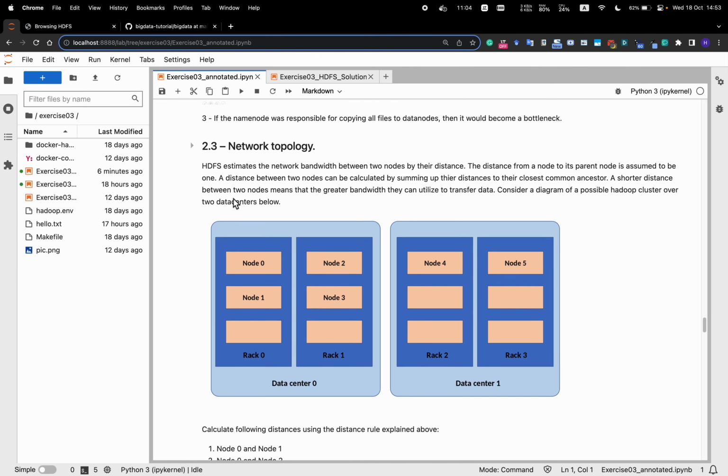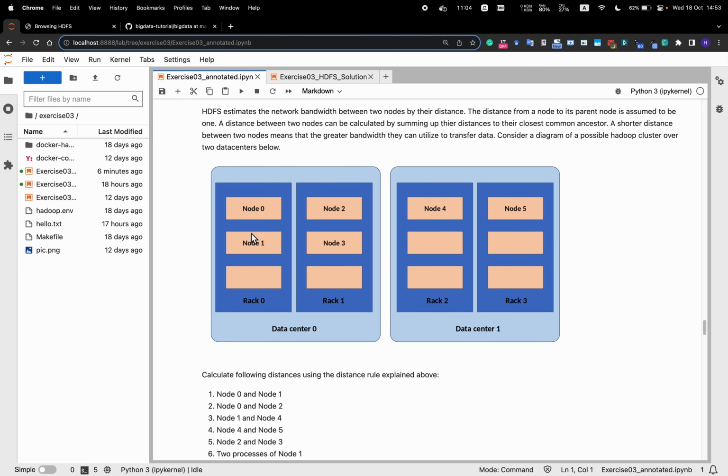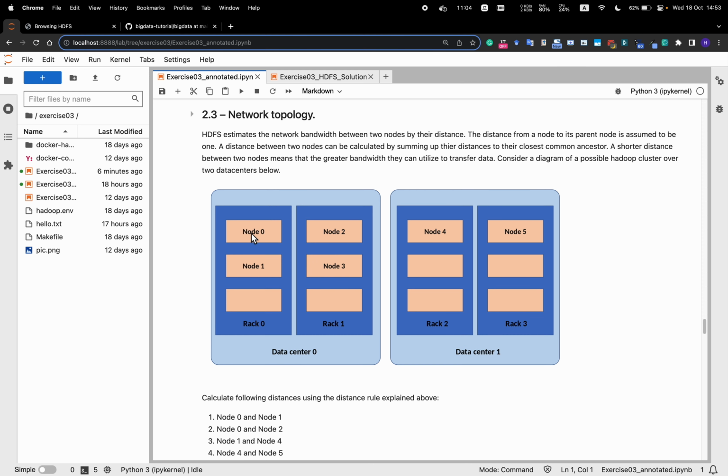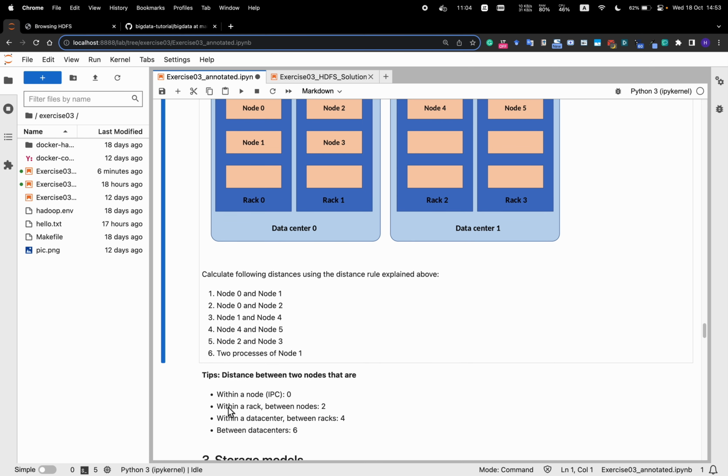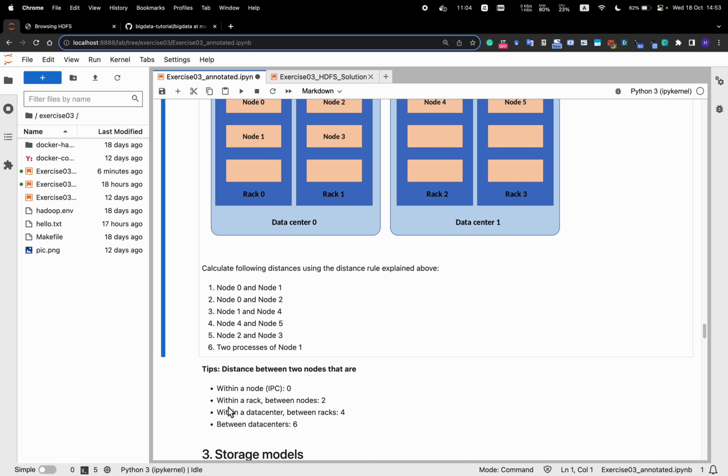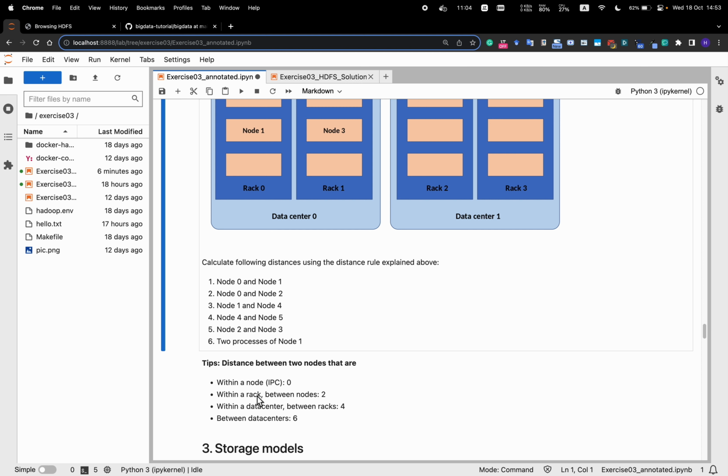All right. So for question 2.3, network topology, I think we've also touched upon this in previous problems. You can check the answers from the solution directly, but a tip from my side: within a node, the distance is 0 because it's just IPC.